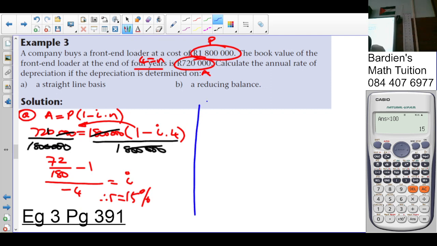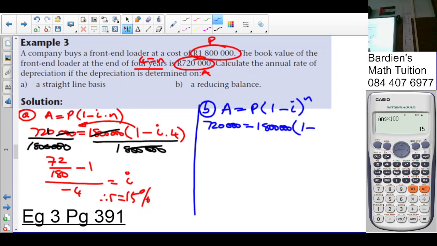In B, the calculation is done with the reducing balance method. So what is the formula for the reducing balance method? A is equal to P into 1 minus i to the exponent n. So what's your A value? 720,000 equals P, which is 1,800,000, into 1 minus i, which is what we're calculating, our rate, to the exponent.